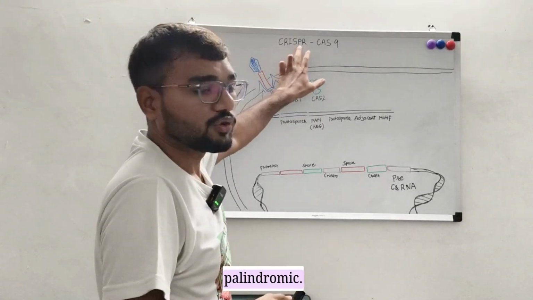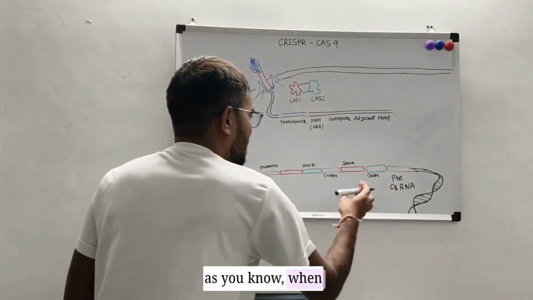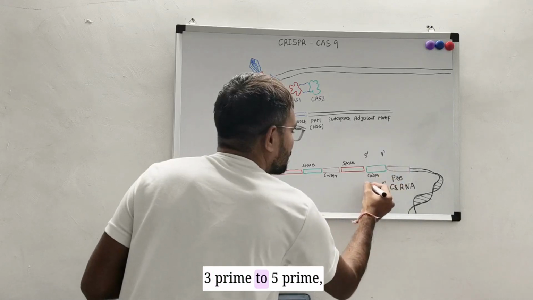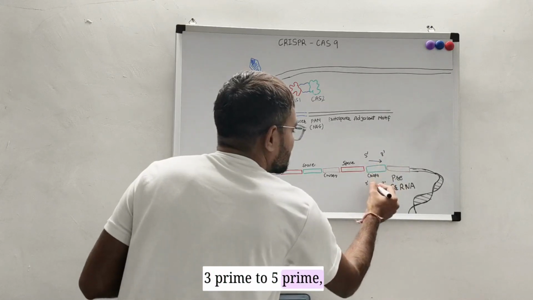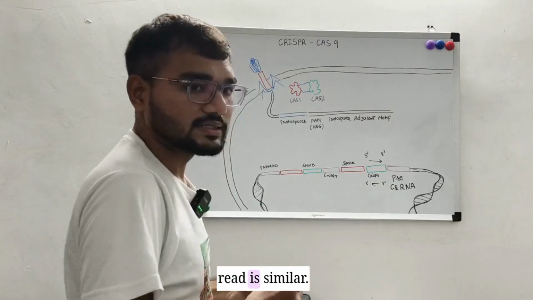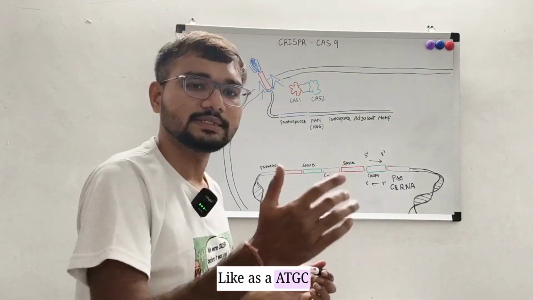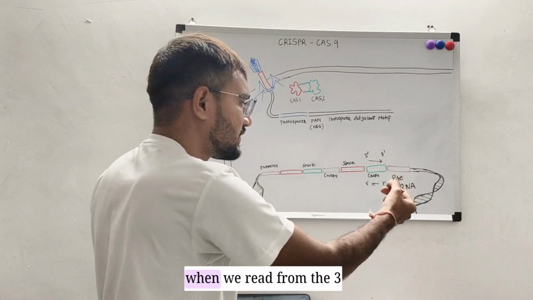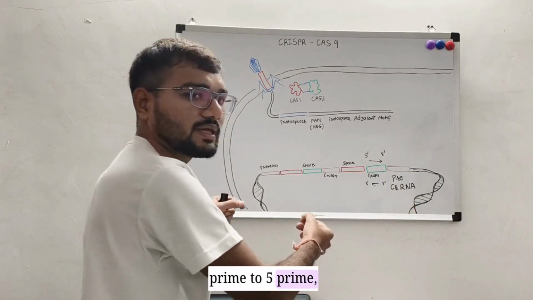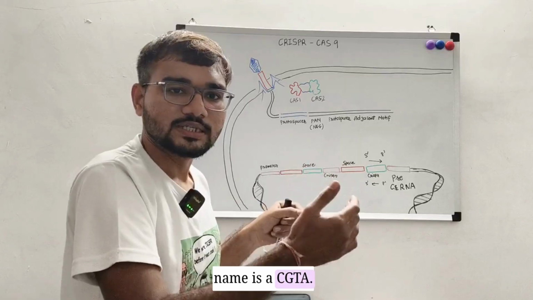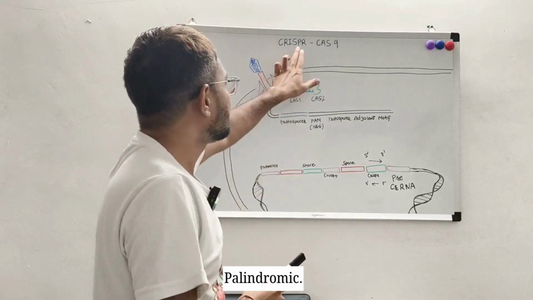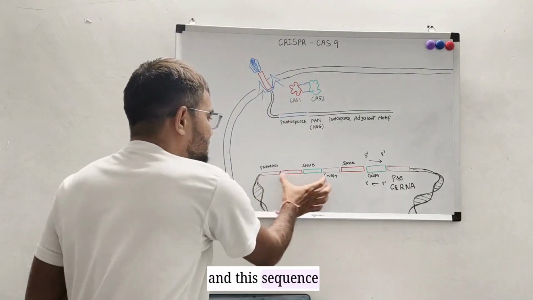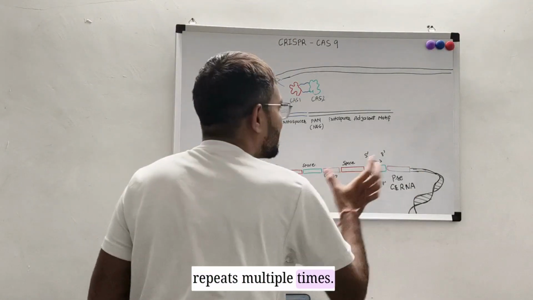After that, palindromic. Palindromic means, as you know, when we read from 5' to 3' and from 3' to 5', the read is similar. Like ATGC from 5' to 3', and when we read from 3' to 5', it is CGTA. Repeats means this sequence repeats multiple times.